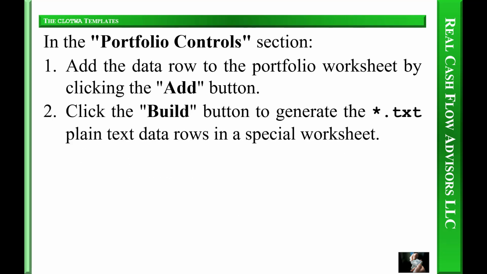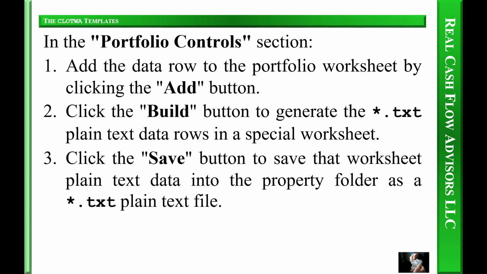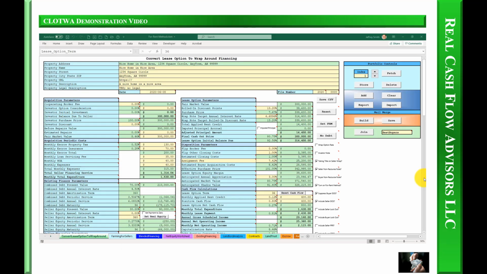Click the Build button to generate the TXT plain text data rows in a special worksheet. Click the Save button to save that worksheet, plain text data, into the property folder as a TXT plain text file. Save the spreadsheet. CLOTWA demonstration video.